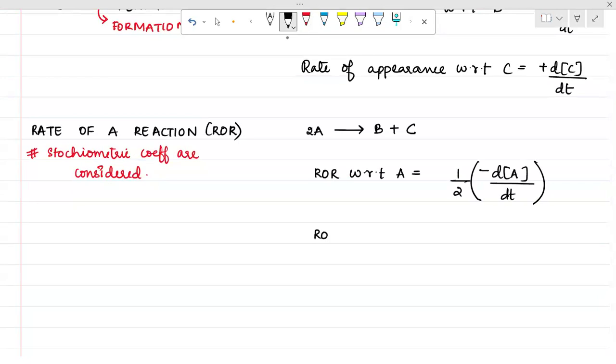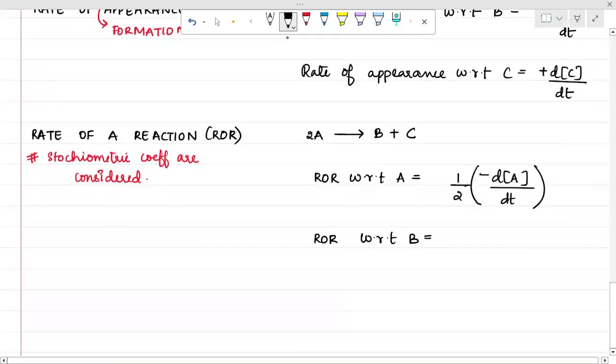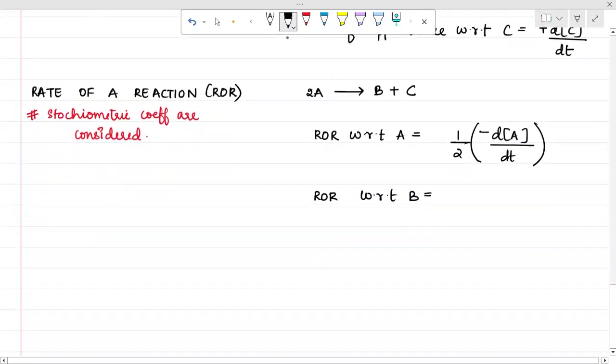Now, rate of the reaction with respect to B. Please see that earlier we did not consider the stoichiometric coefficient. And when stoichiometric coefficient is not considered, you call it rate of disappearance. But if stoichiometric coefficient is taken into account, you call it rate of the reaction, and they are different in principle. So you have a 2B.